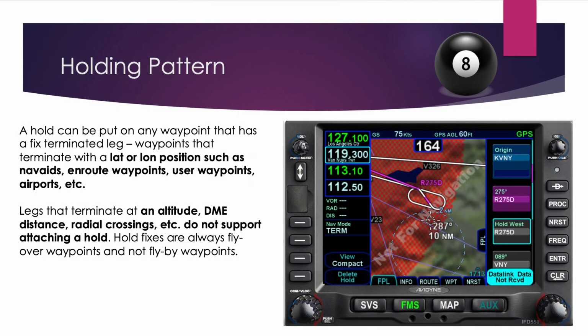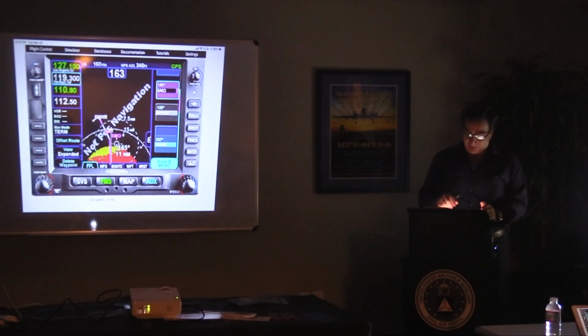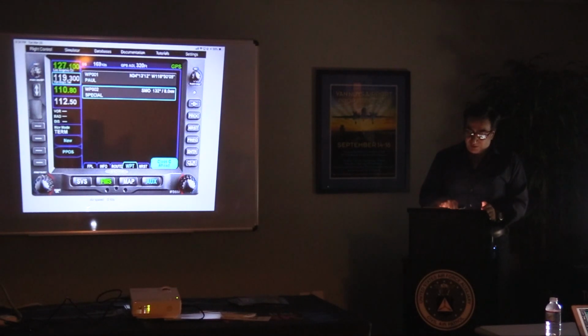Now another cool thing about this is, let's say you want to do a hold. Basically this thing will draw a hold for you at any user waypoint, any VOR, any other GPS waypoints. Let's say you want to hold at 10 DME off of the 275 radial of Van Nuys.